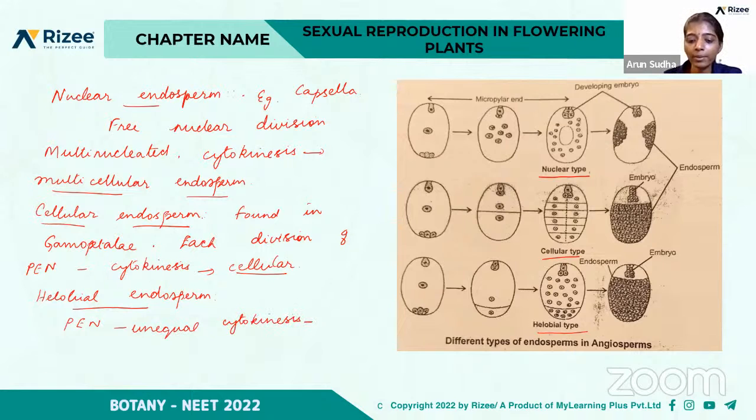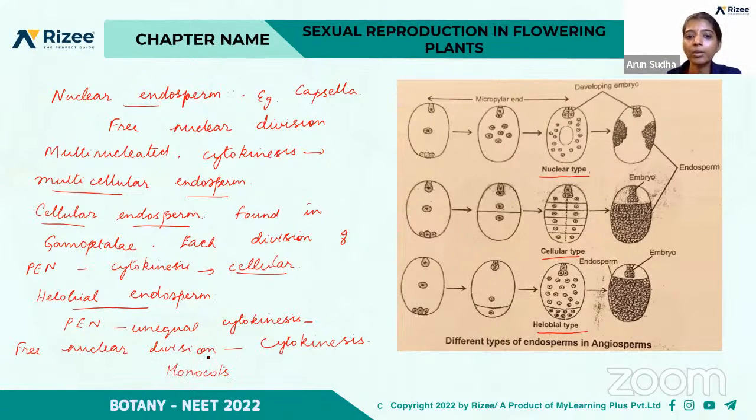So then what happens is free nuclear division, which in turn is followed by cytokinesis. So it is the intermediate type of endosperm which is mainly present in monocots.